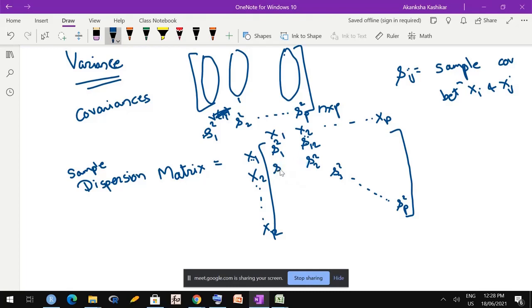So this entry would be S21, and what do we know about covariance? It is symmetric, right? So S21 and S12 are equal. Everybody okay with this?